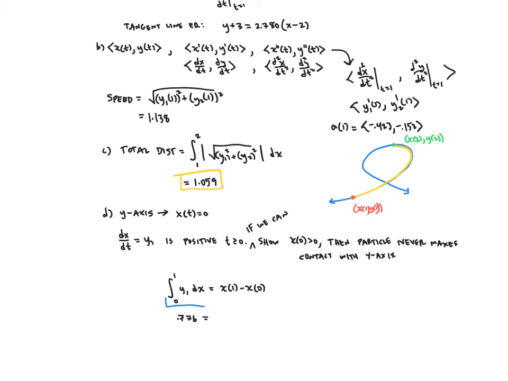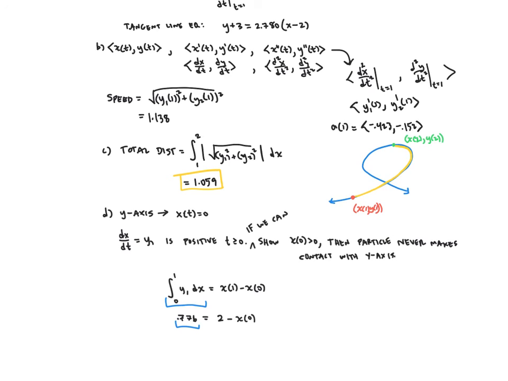Okay, so the distance traveled by the particle in the x direction for those first 1 units of time is 0.776 units. Well, I don't know x of 0, but I do know x of 1. X of 1, based on what I know earlier, is that x of 1 was 2, right, given earlier in the problem. So I can find x of 0.